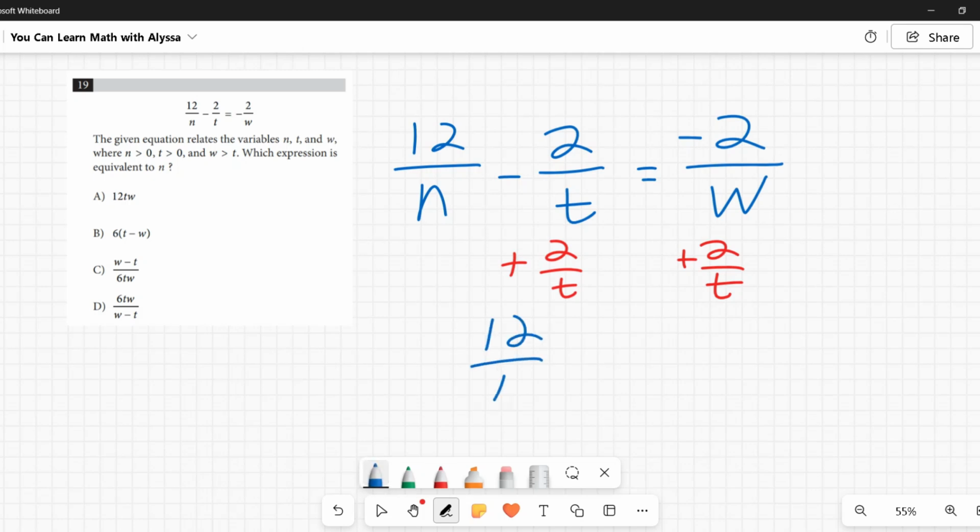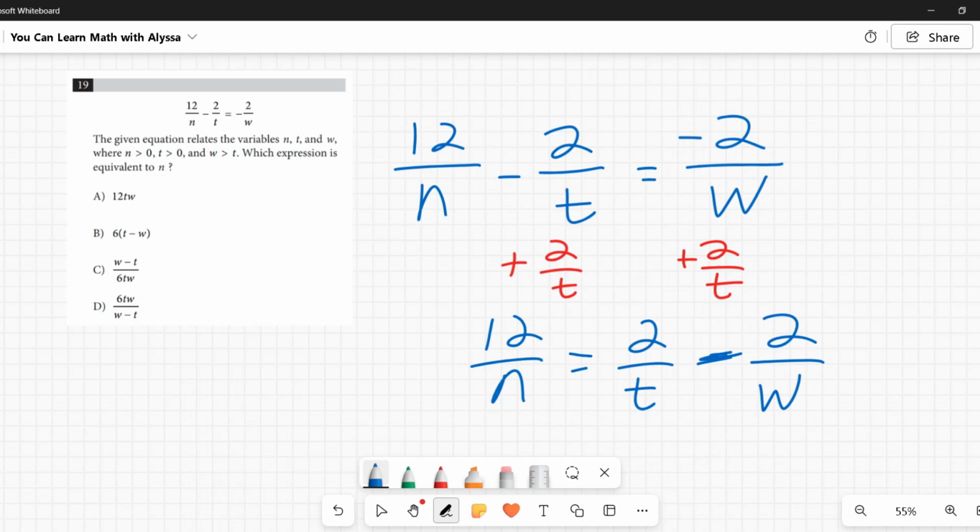Then I get 12 over n equals 2 over t minus 2 over w. I keep saying t instead of 2, it's a little mental block. And that is what 12 over n is equal to.